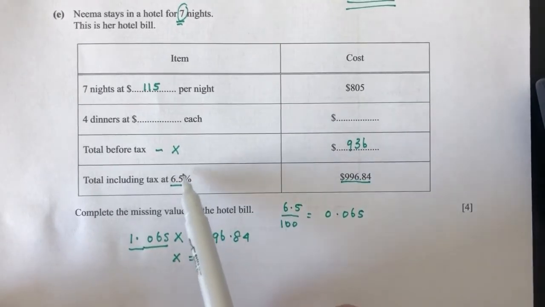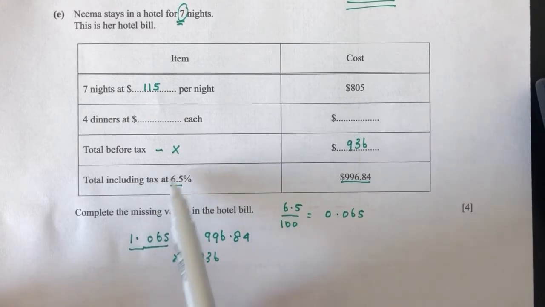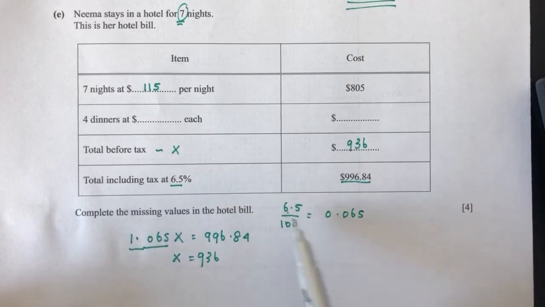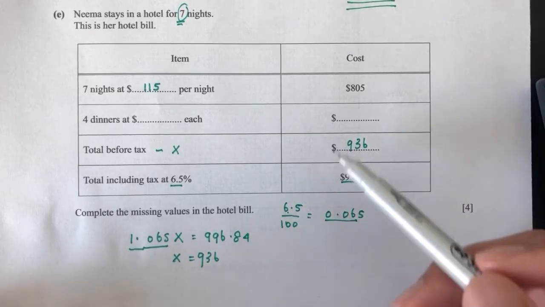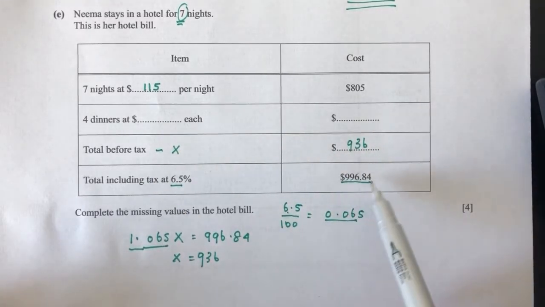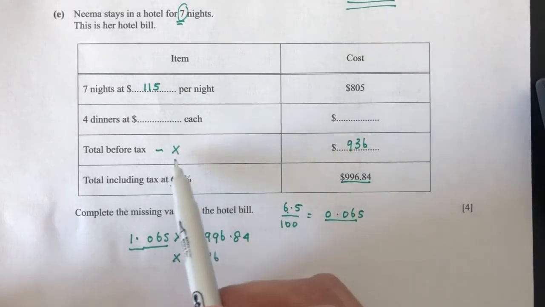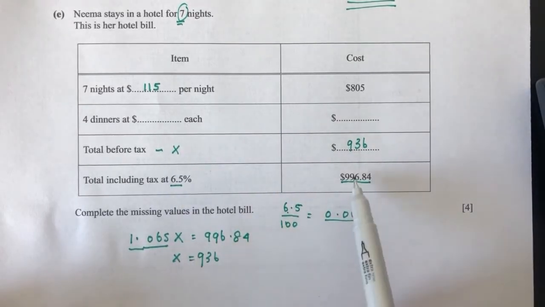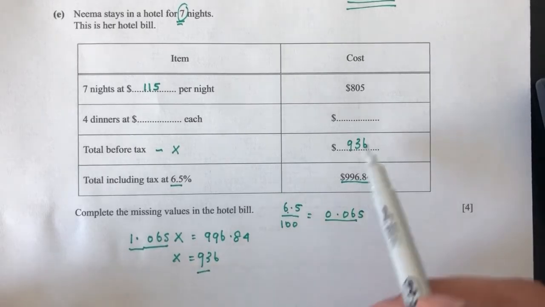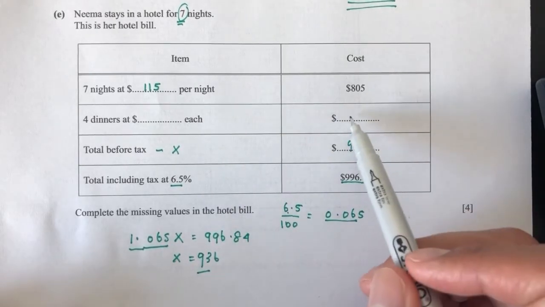As you can see, this is the cost after applying tax, which is 6.5%, which means you have to add this to the initial cost before tax to obtain this. That's why I have 1.065x, which was the initial amount, equal to this cost. X will be 936.